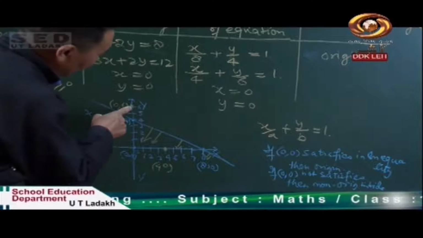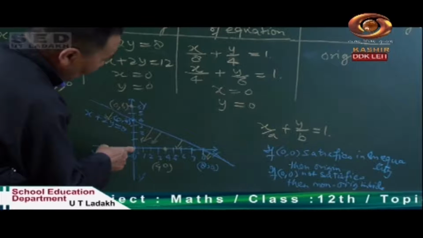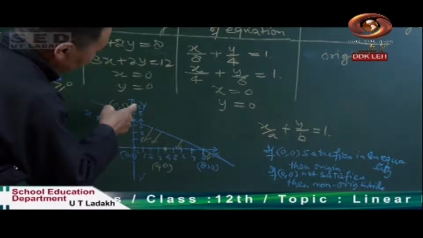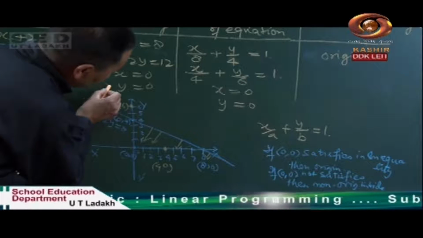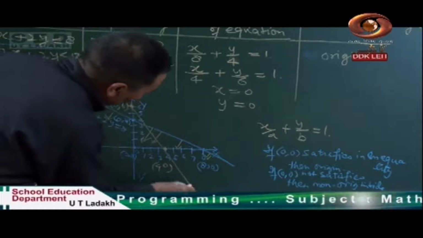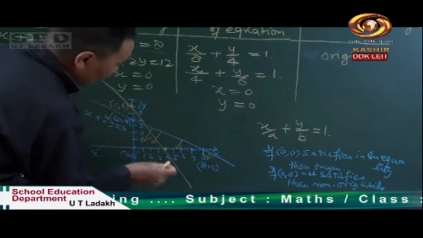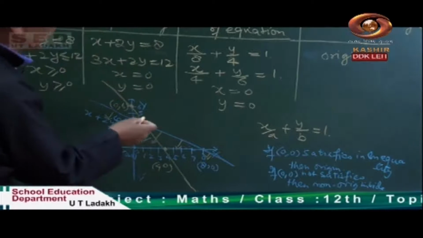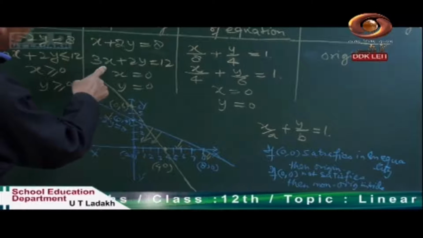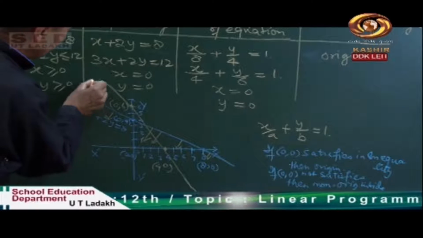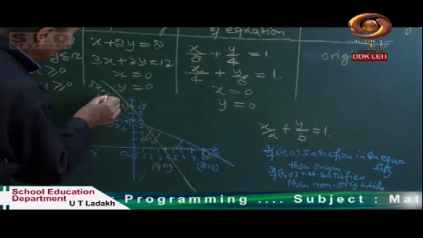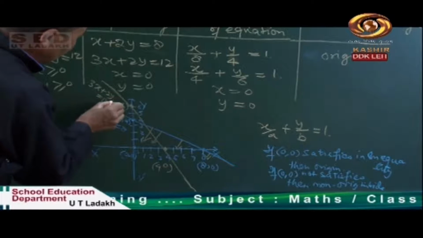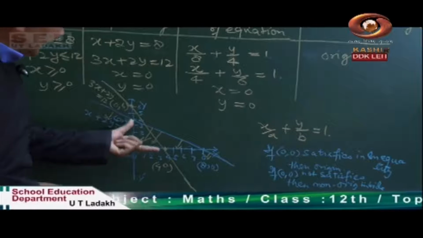If we join these 2 points, we get another equation. That equation is 3x plus 2y is equal to 12. This is the equation of the second line.